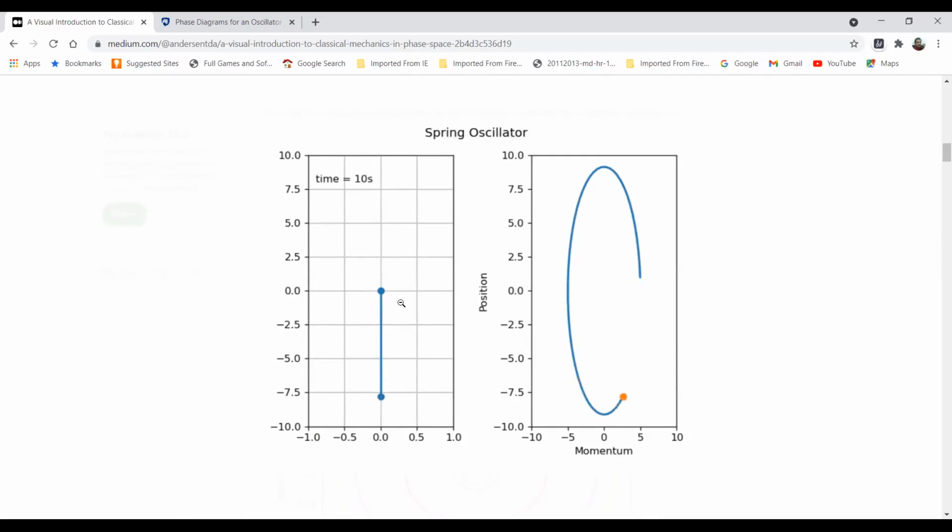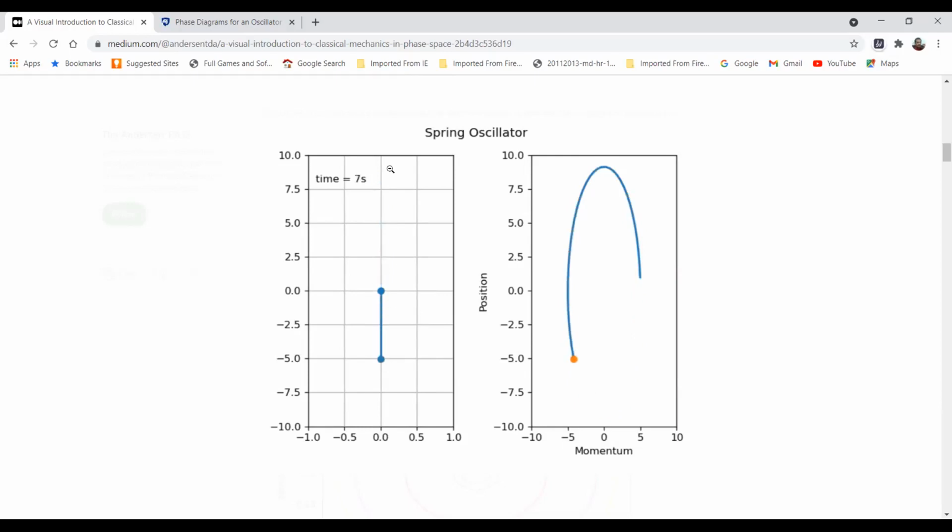So just to observe, when the spring moves up, the momentum initially increases, position increases.